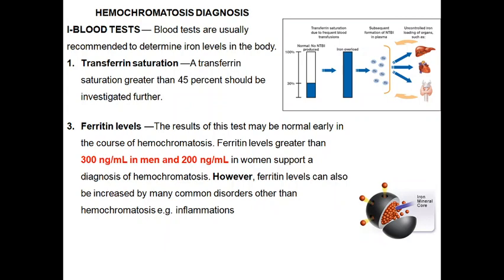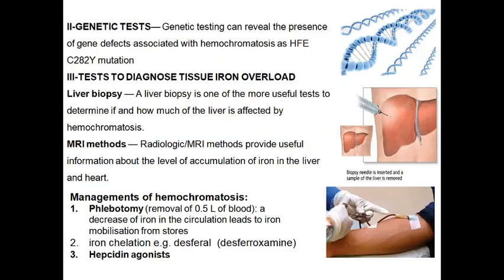But we have to observe that for ferritin to become as high as such levels, it needs time. So in early stages of hemochromatosis, ferritin levels may be normal. Unfortunately, ferritin levels can also be increased in many common disorders, like inflammation, not only hemochromatosis.